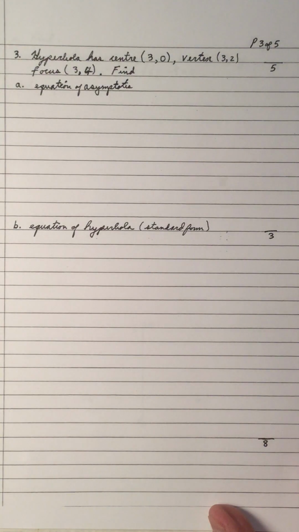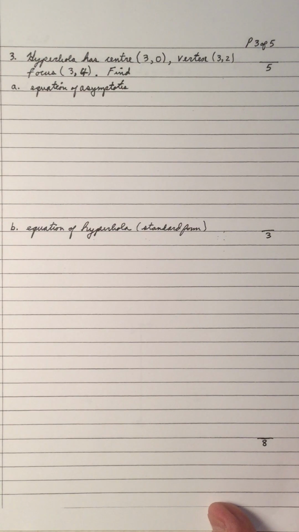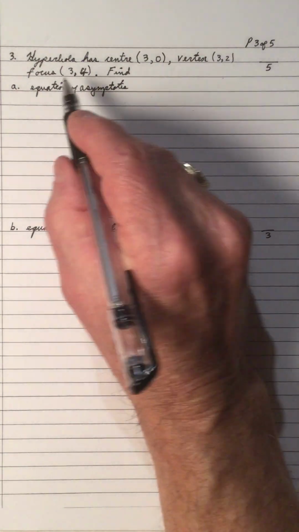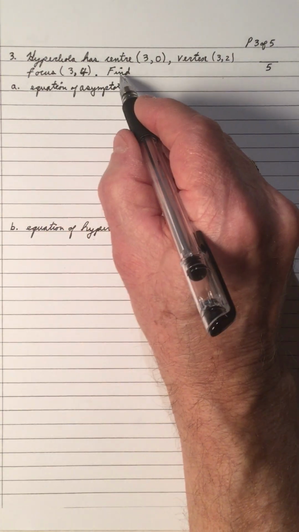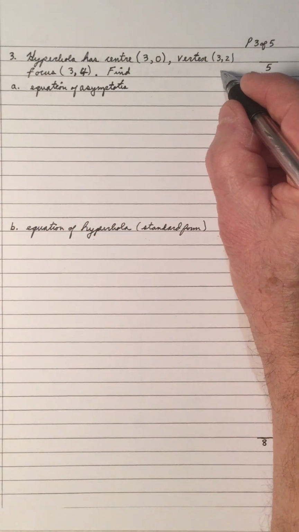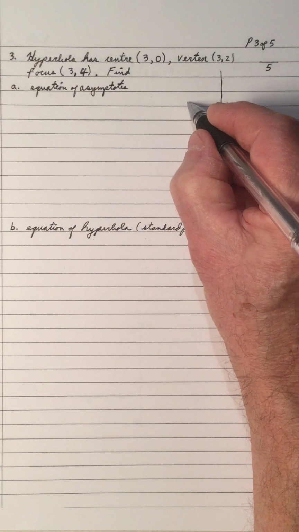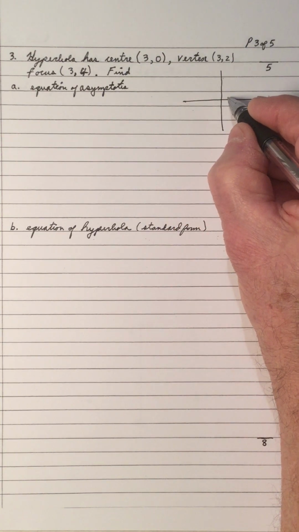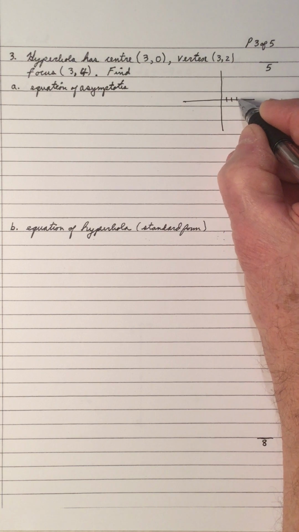Okay, let's continue. A hyperbola has a center of 3, 0, a vertex of 3, 2, foci of 3, 4. Find the equation of the asymptote. Well, what I like to do again is to draw a diagram. The center is x is 3, y is 0, there's the center.